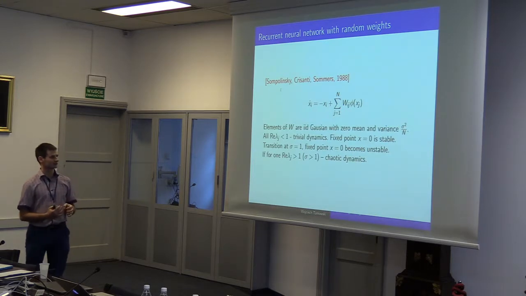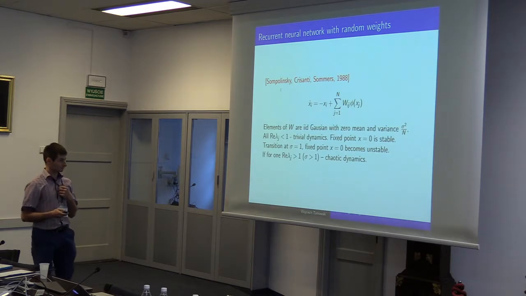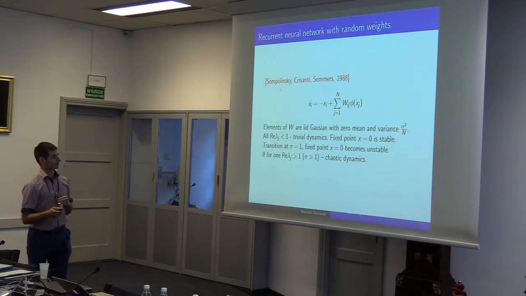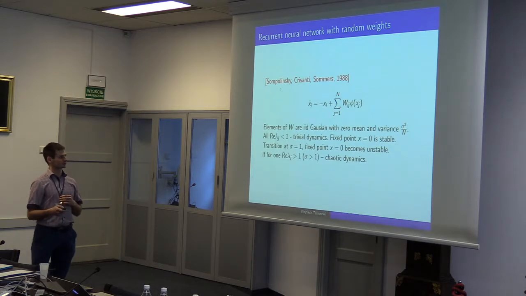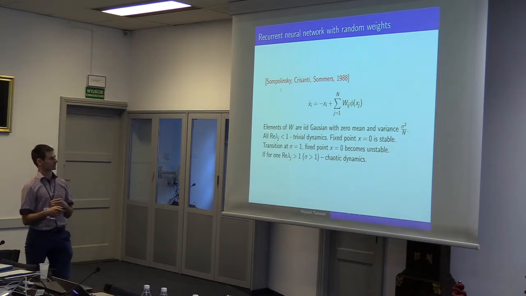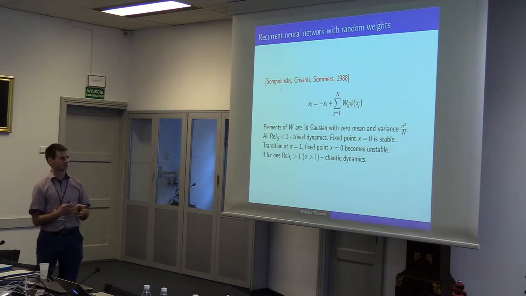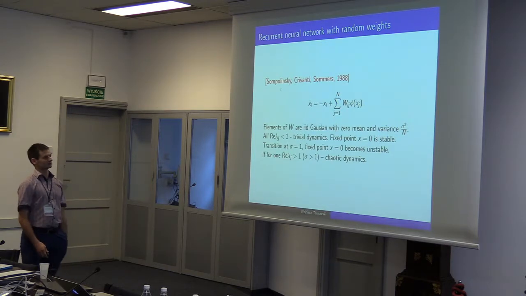On the other hand, if at least one of these eigenvalues has a real part greater than 1, then the dynamics become chaotic, and it is related to the fact that the fixed point, which is at 0, becomes unstable, and we have a transition between this trivial dynamics and the chaotic dynamics.